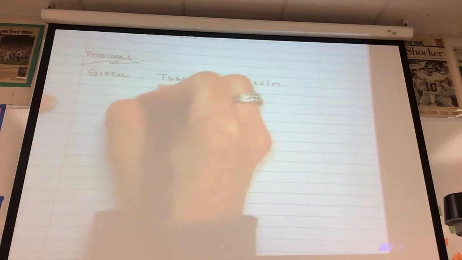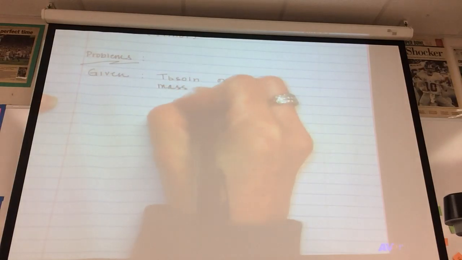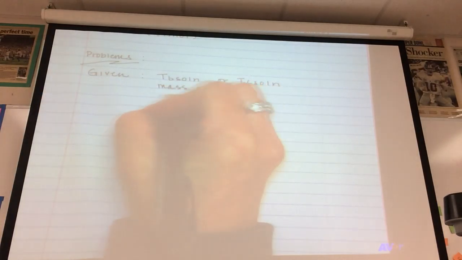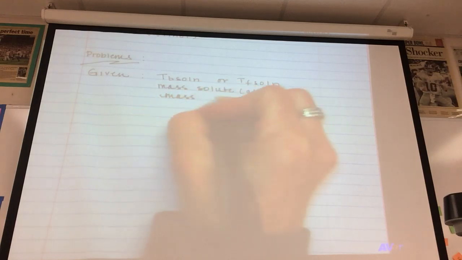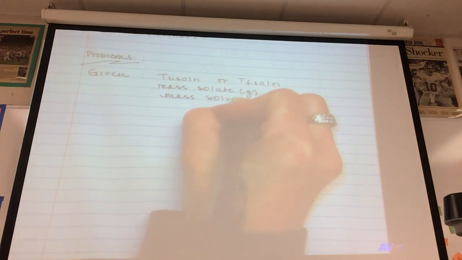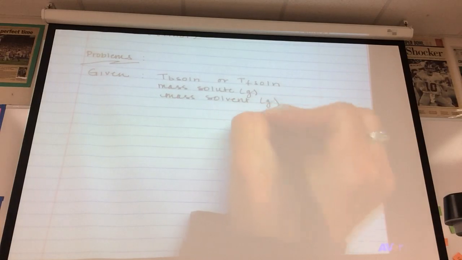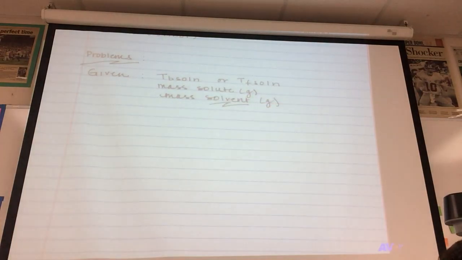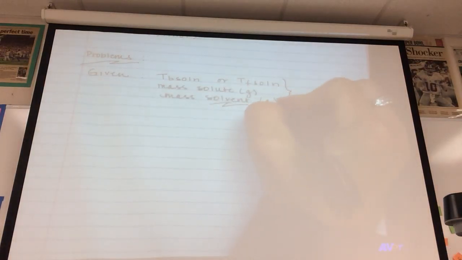You will be given the mass of the solute in grams, and you will be given the mass of the solvent probably in grams as well. You also will be told what the solvent is. And from that information, you can determine the molar mass of the solute in grams per mole.